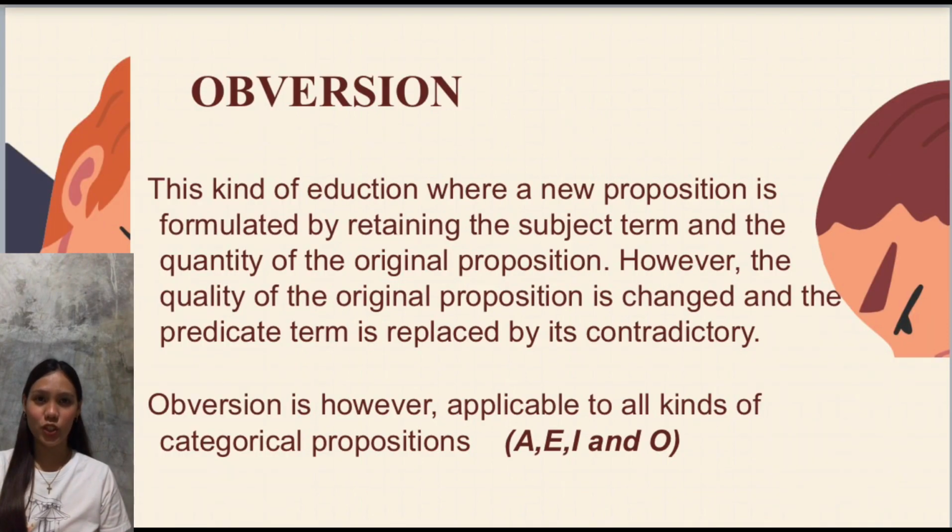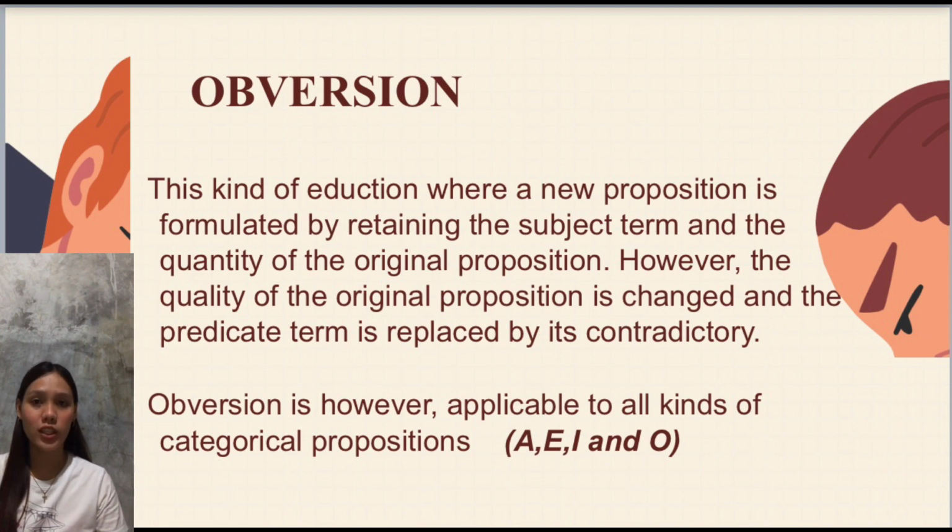This is a kind of inference where a new proposition is formulated by retaining the subject term and the quantity of the original proposition. However, the quality of the original proposition is changed and the predicate term is replaced by its contradictory.